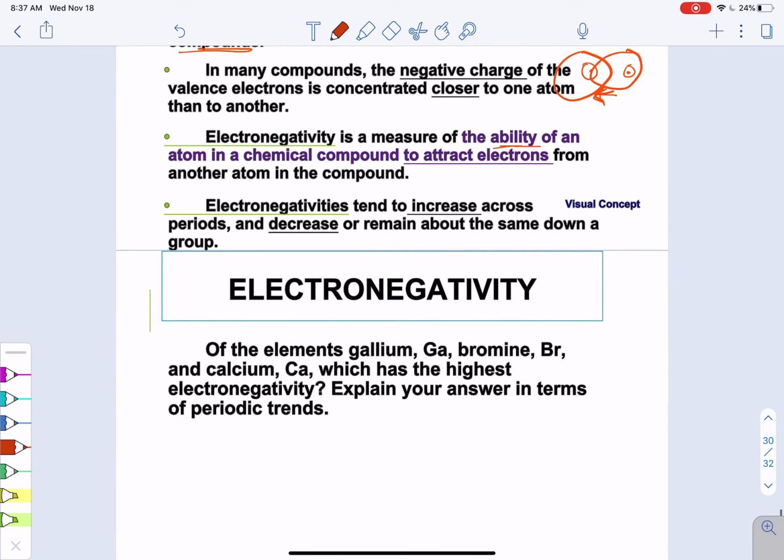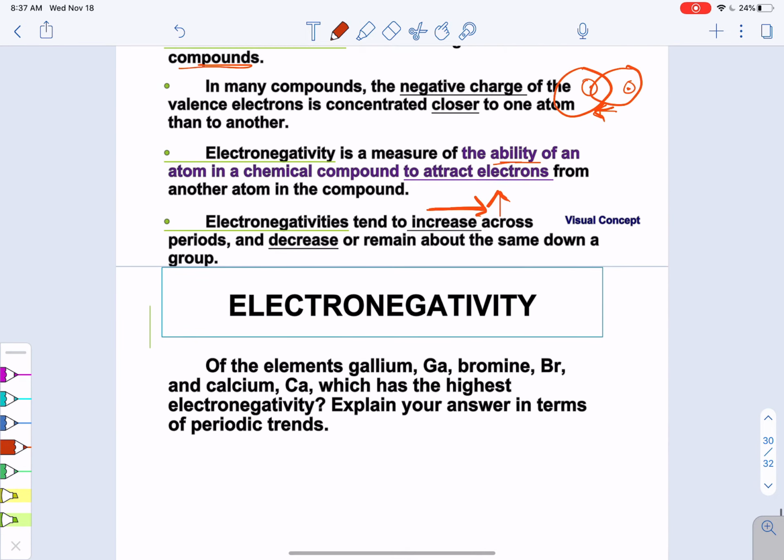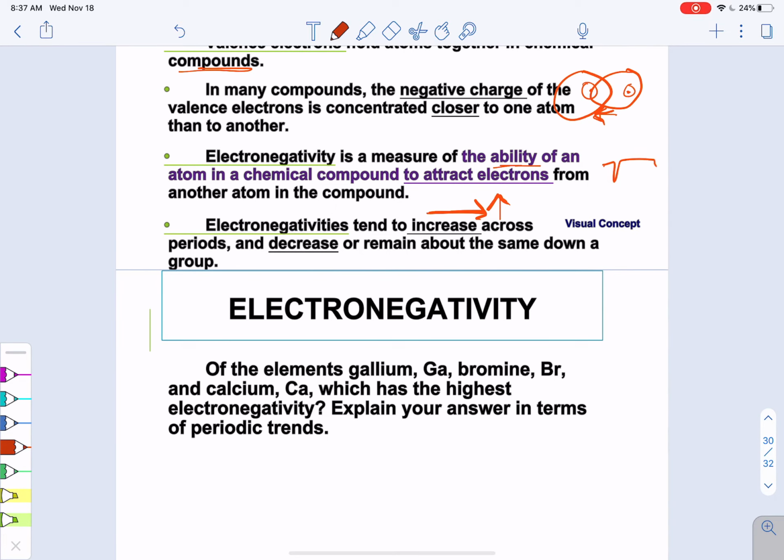So the electronegativities will increase as you go across, and they will increase as you go up, okay? So again, the periodic table for this looks like, if I can draw a periodic table, over and up, so top right.